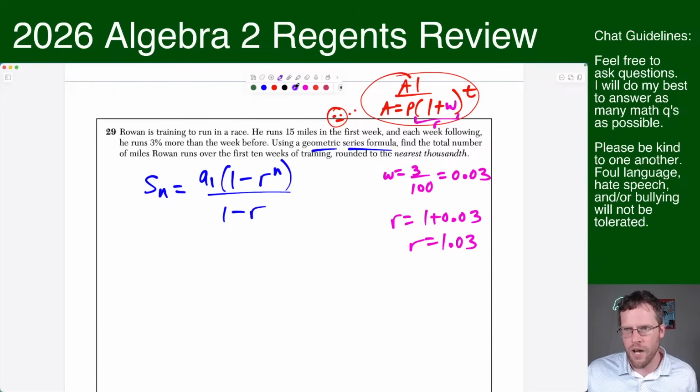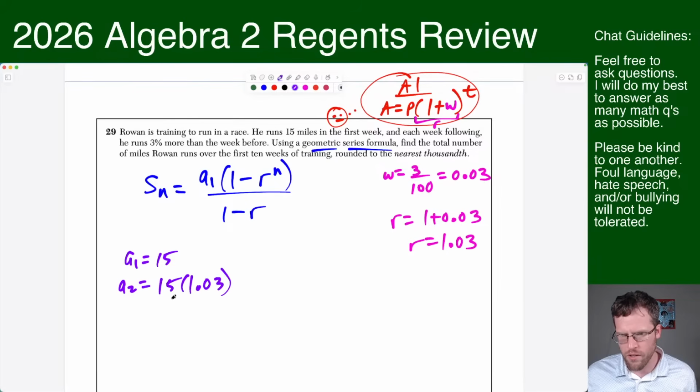And then if you follow this, so Rowan is training to run a race. For the first one here, A1 would equal 15. And then A2 would be 15 times 1.03. But then we multiply by 1.03 one more time, and we get this.